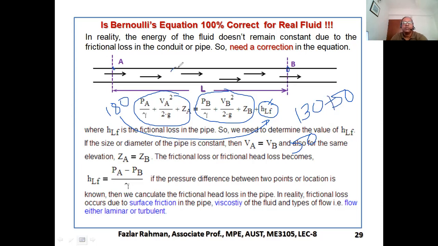On the way, out of 180, only 50 units of fluid energy are lost due to the frictional loss. And at point B, you have only 130 energy. So total is 180. Okay, that way you can think.